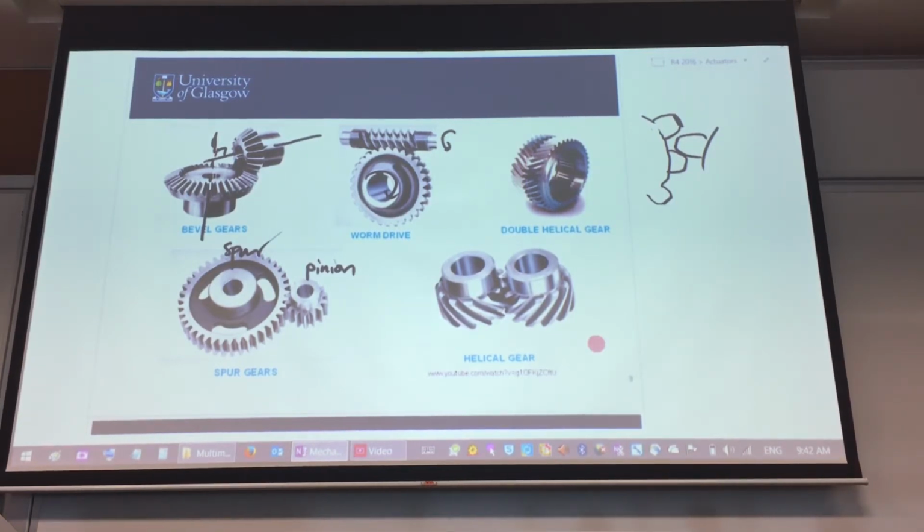Instead of gear teeth that are parallel to each other, what they did is to slant them. It's actually hard to imagine. But if you were to slant it, when these two gear teeth mesh with each other, the contact point is actually only one point.